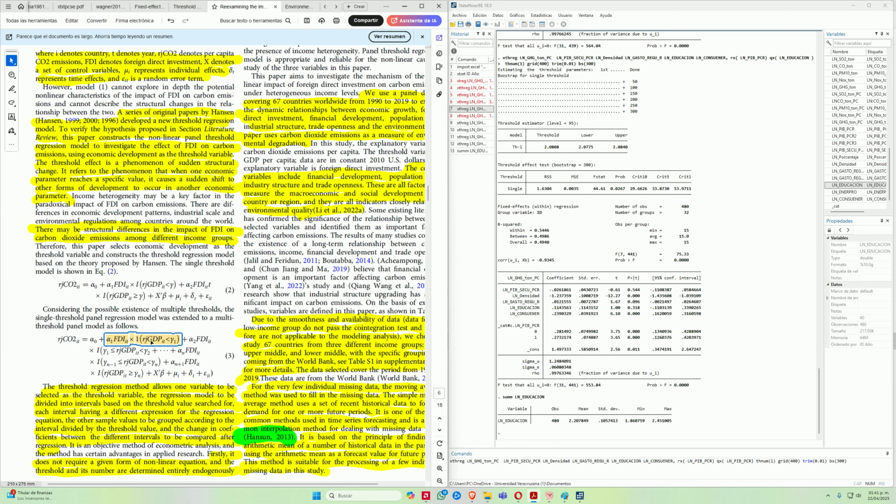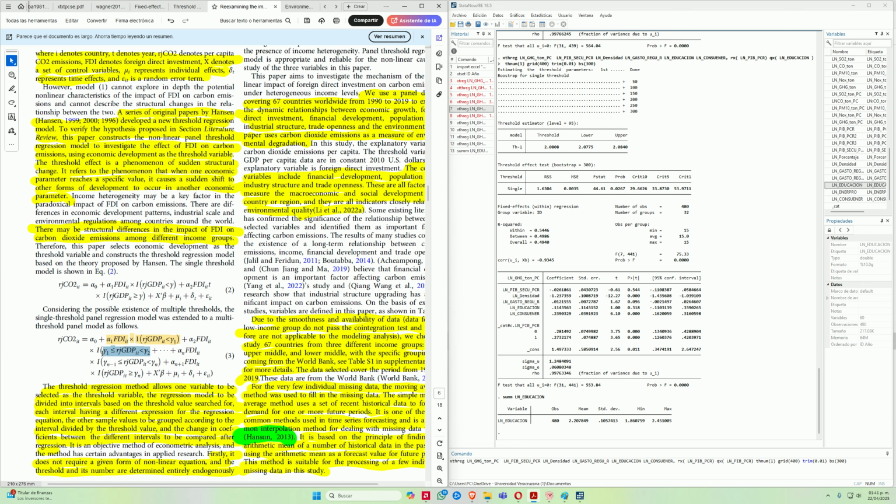In this case, the equation says before this limit, the GDP is affecting the foreign direct investment and has a specific coefficient.